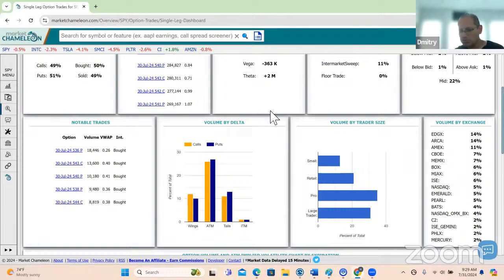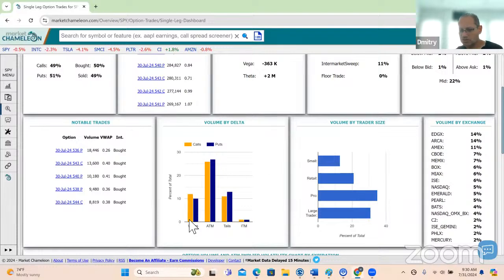Just looking at that distribution on a daily basis, it kind of looks normal to me, because usually in SPY you'll see lots of trading around at the money, or perhaps the wings, where you're going further out of the money, but not all the way out to the tails.